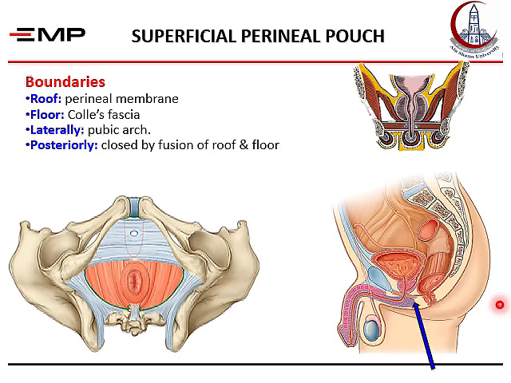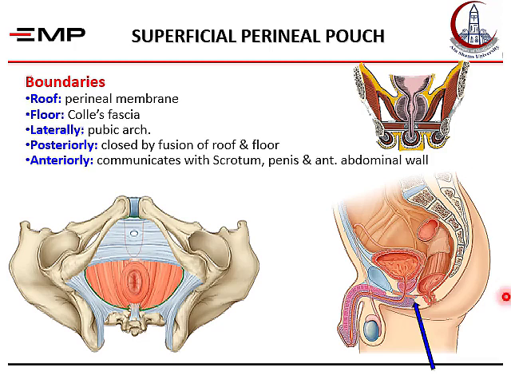Posteriorly, the fascia of the roof, the perineal membrane, and the fascia of the floor, the Colles fascia, are fused together. So posteriorly, this space is closed. The roof and floor are united here. However, anteriorly, it communicates with the scrotum, the penis, and the anterior abdominal wall.